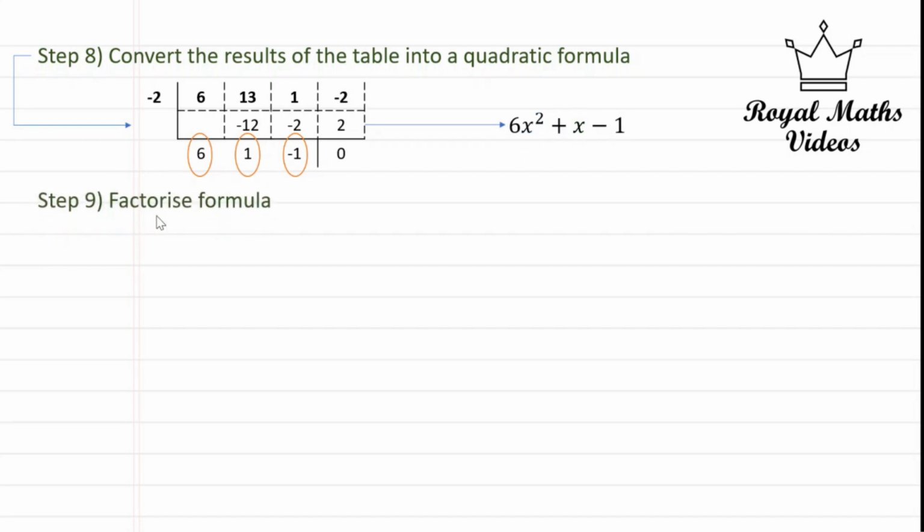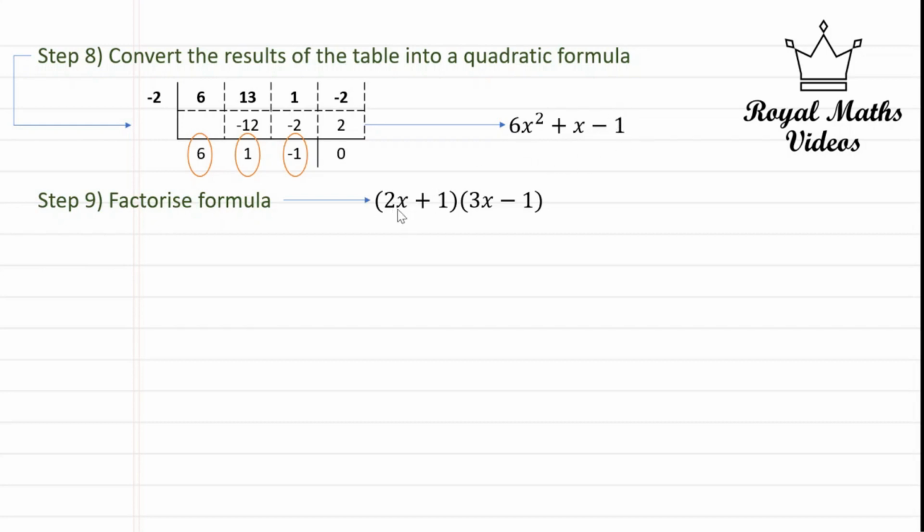And then step 9 would be to factorize this quadratic. Now this is very easy to factorize, where it's clearly 2x plus 1 and 3x minus 1. This is because the two numbers that multiply to 6 are 2 and 3, and when you add or subtract them, they also give 1.